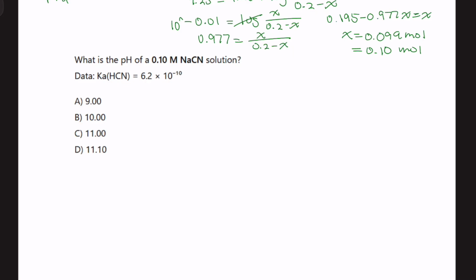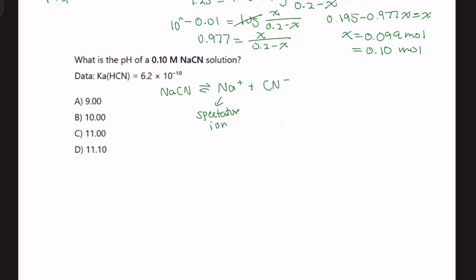What is the pH of a 0.1 molar NaCN solution? So let's write out our chemical equation once again. So this is a salt, so it's going to dissociate into its constituent ions. So Na plus and CN minus. Remember that this is a spectator ion.